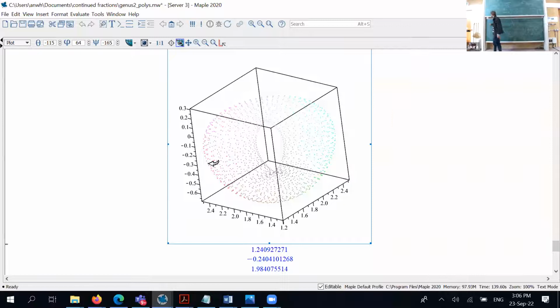You take branch cuts between -2 and 2. There are no poles anywhere else. So you just move this contour around, and then you get an integral around here. But by symmetry, you can turn this into an integral just on the top of the cut, and that gives you the standard weight for the Chebyshev polynomials of the second kind.